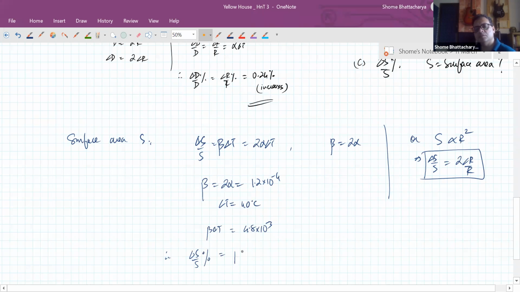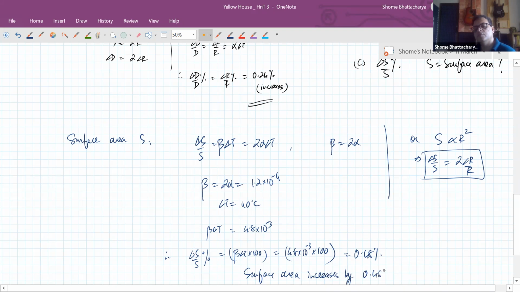So the percentage change will be 0.48%. So surface area increases by 0.48%, just as radius and diameter increase by 0.24%.